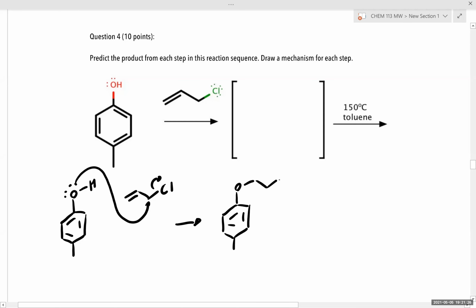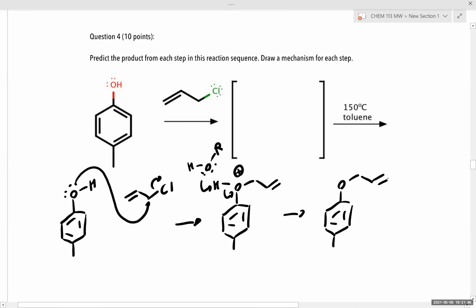From here, in this case, a second equivalent of our substrate can go in and pull off the proton. From here, this gives us an allyl ether.